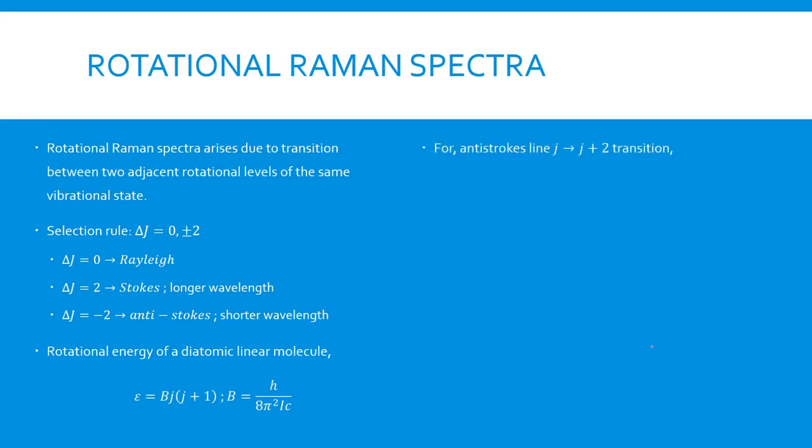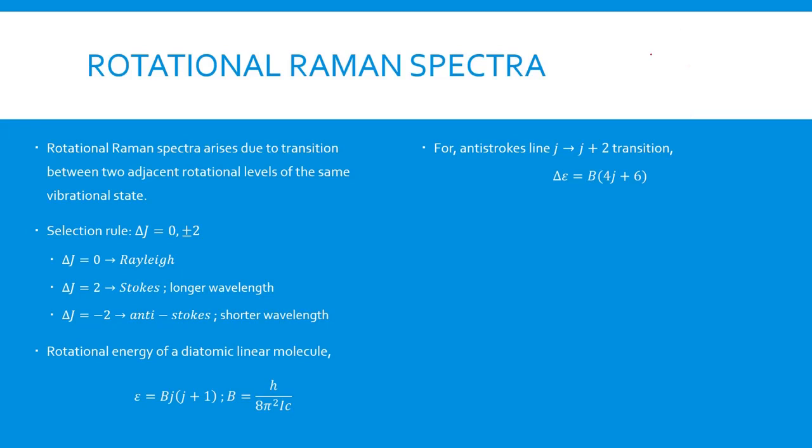And for any transition J to J plus 2, we will have the energy difference between the transition, delta E is equal to B into (4J plus 6). You can see this by substituting J plus 2 into the same equation.